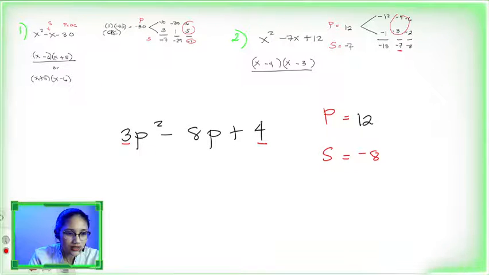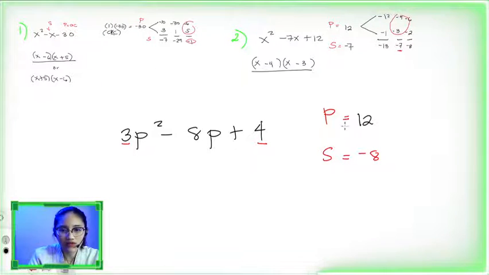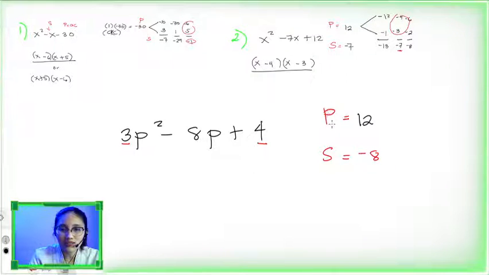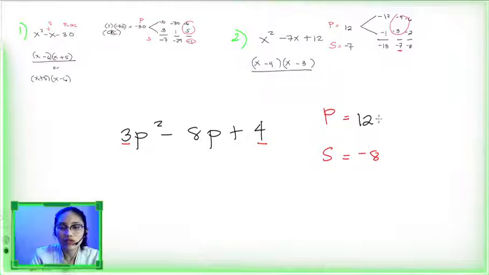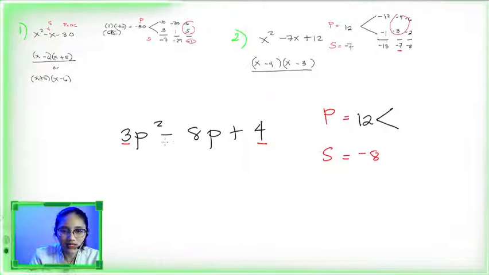So, let us now identify or enumerate factors of 12. Kasi, di ba, we have a positive product, pero yung linear term ay negative. Ibig sabihin, these two numbers are both negative, kasi negative yung sum na hinahanap natin, yung linear term.